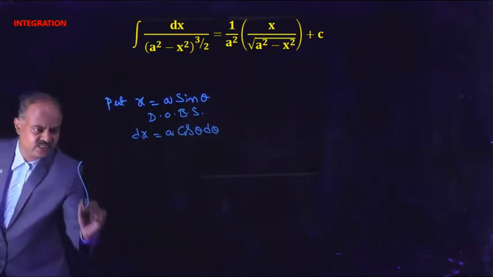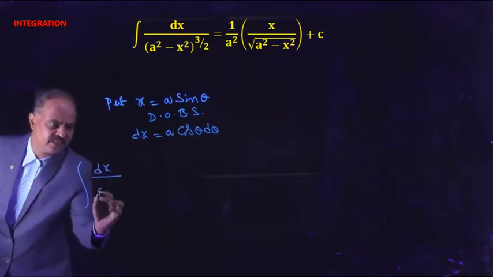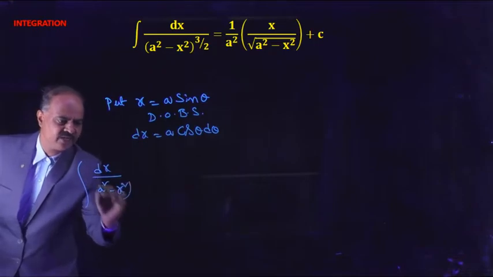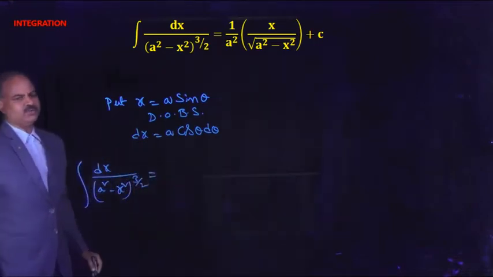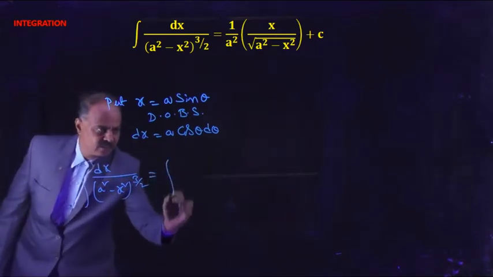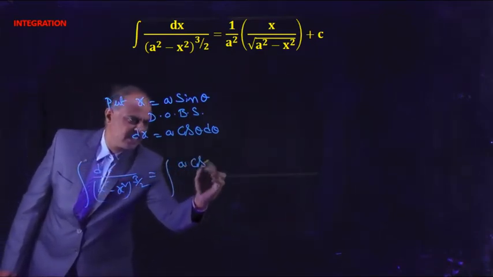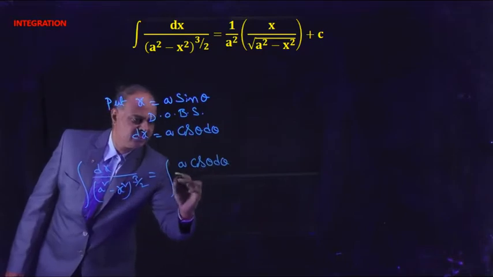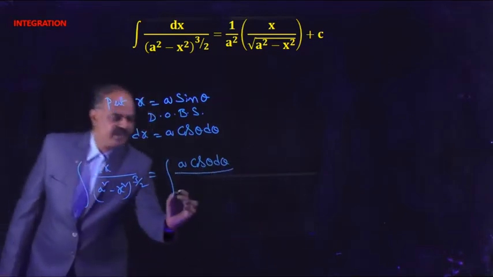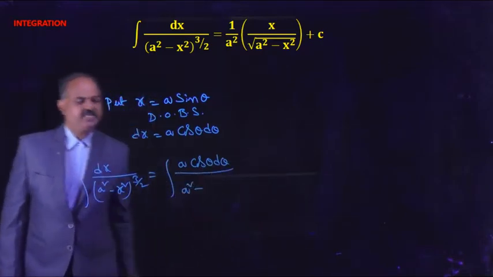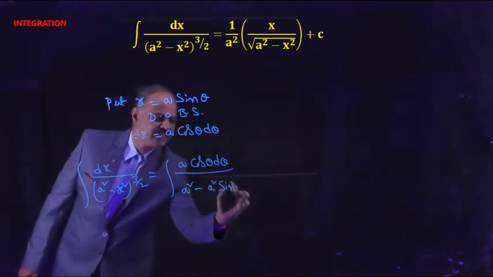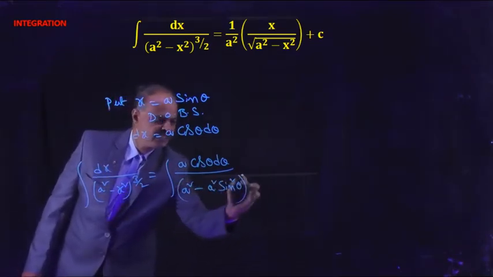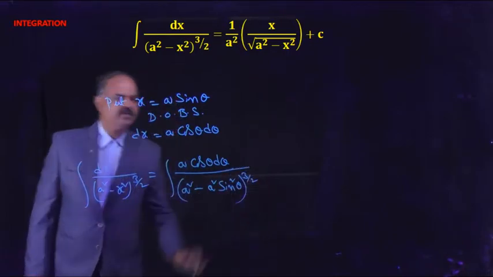Now the given integral is integral dx by (a square minus x square) whole power 3 by 2, that is equal to integral a cos theta into d theta divided by (a square minus x square, which is a square sin square theta) whole to the power 3 by 2.